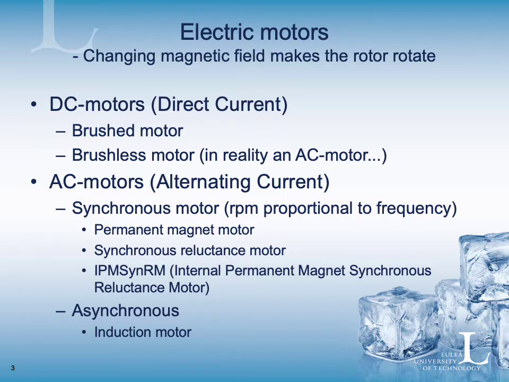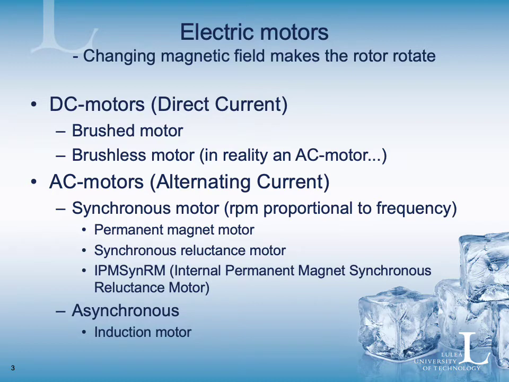If you look at AC motors, alternating current, there are many different kinds. First, we have the synchronous motors, where the RPM is proportional to the frequency, meaning that, for instance, if the motor has 1000 RPM when powered with 50 Hz, it will have 2000 RPM if you power it with 100 Hz. So it follows in sync, and that's why it's called a synchronous motor.